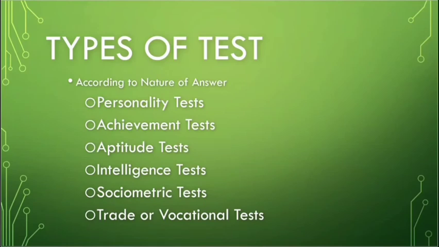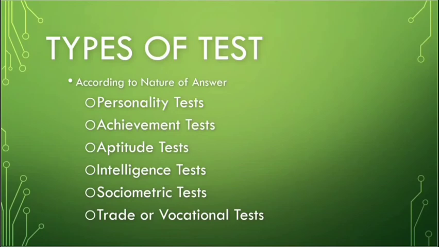Next, we have the aptitude test. The aptitude test gauges the potential of the learner. If you move to college, there is what we call the aptitude test, in order to identify the potential courses that your skills are aligned to. It will also ask about your interests.